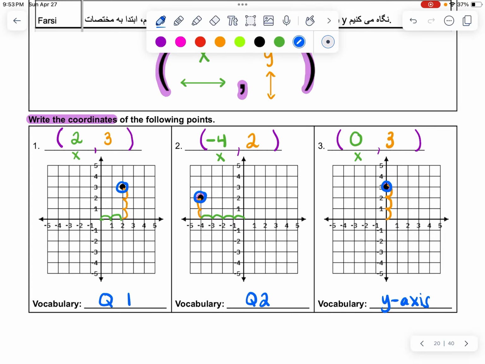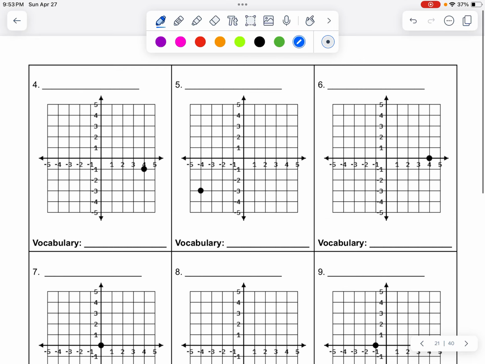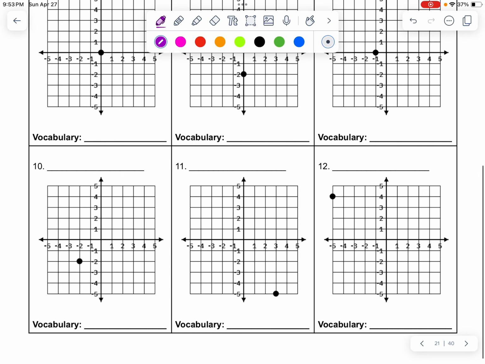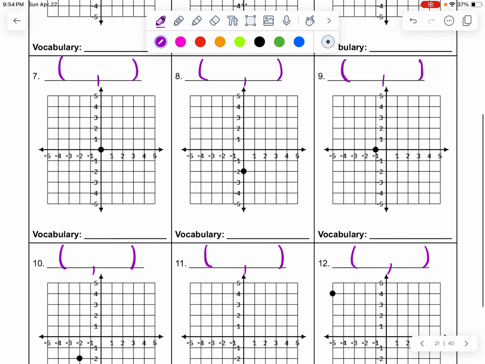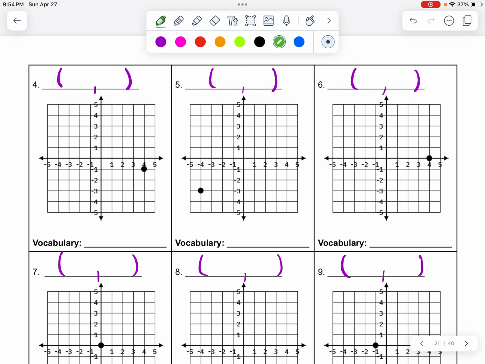Let's try a few more examples. Remember, every answer should have parentheses. The first number should be the x.